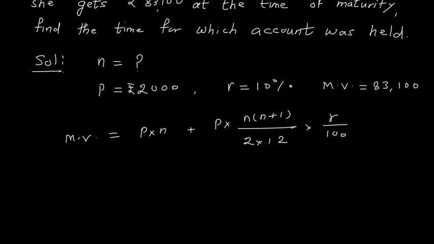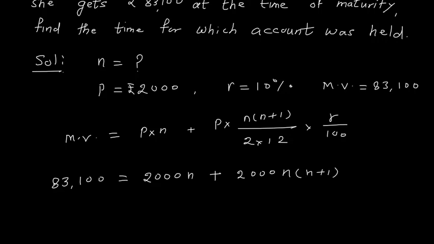So maturity value is given, 83,100 is equal to the value of P, which is 2000, and N we don't know, so we will write 2000N plus 2000 into N into N plus 1.